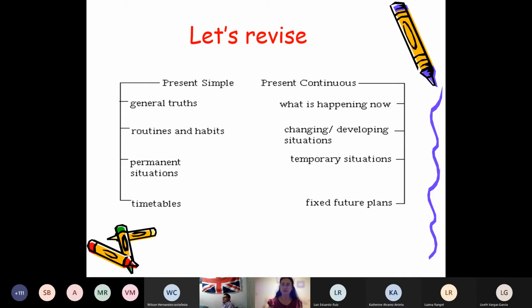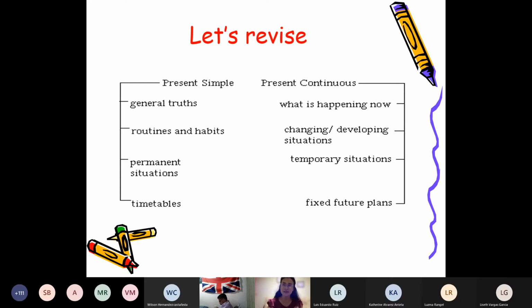Permanent situations. What are your permanent situations? The place where we live. We live in Colombia, we live in Bogota. Those are permanent situations. I am a teacher, you are an auxiliary, you are a secretary, you are a pilot, or you are a waiter. Okay?